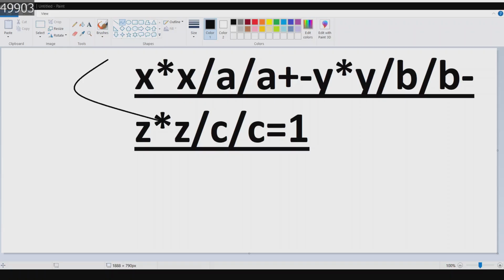That's what I wrote. It can also be equal to -1.